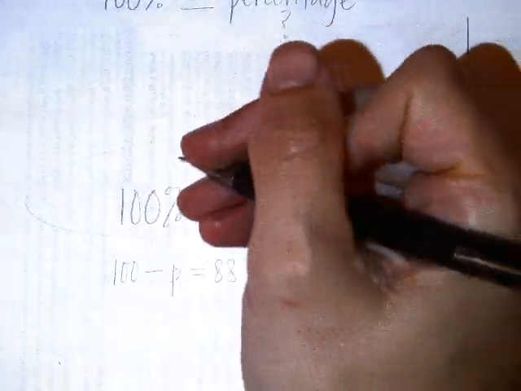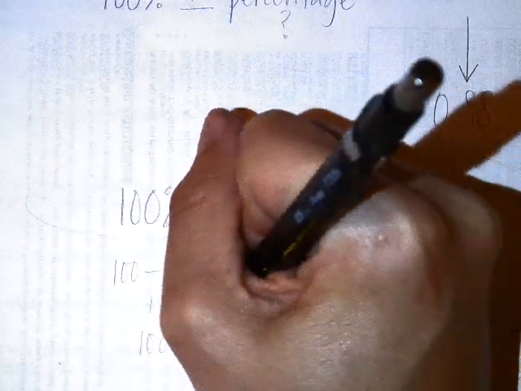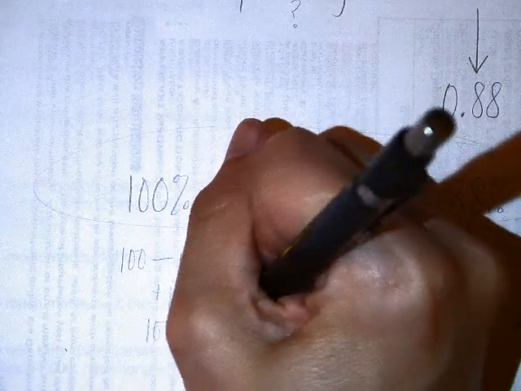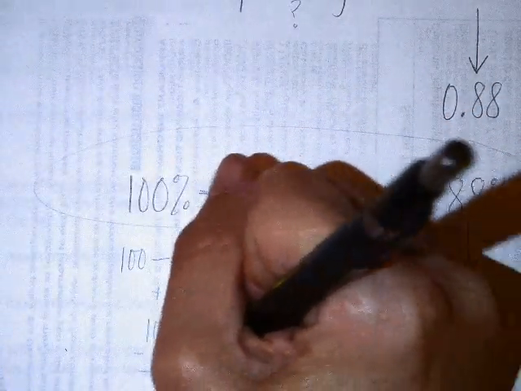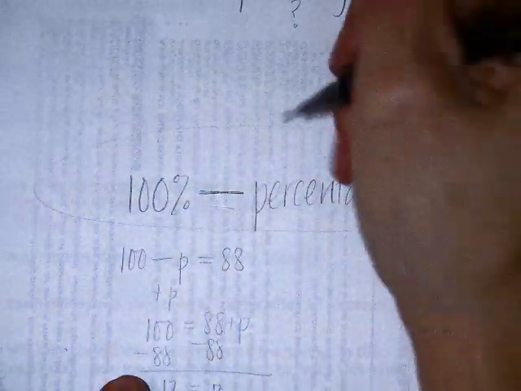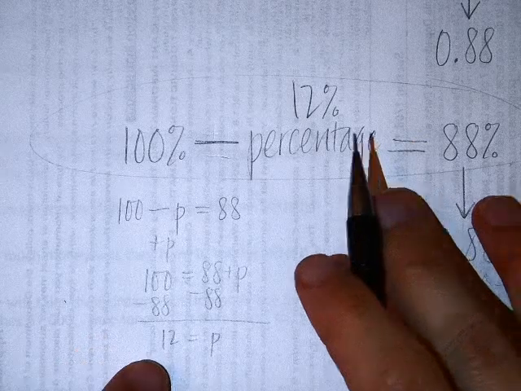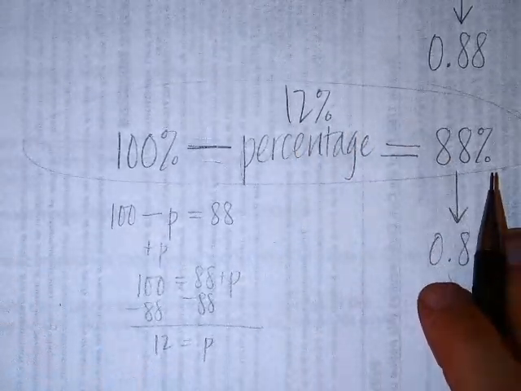If we do a little bit of algebra, we could add the p to the other side. So 100 equals 88 plus p. P stands for percent in this case. And if I subtract 88, which some of you might already have done in your heads, you would figure out that the percentage must have been 12%. 100% minus 12% gives you 88%.